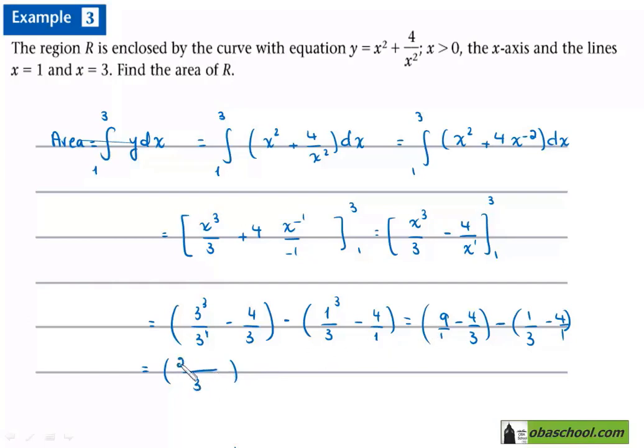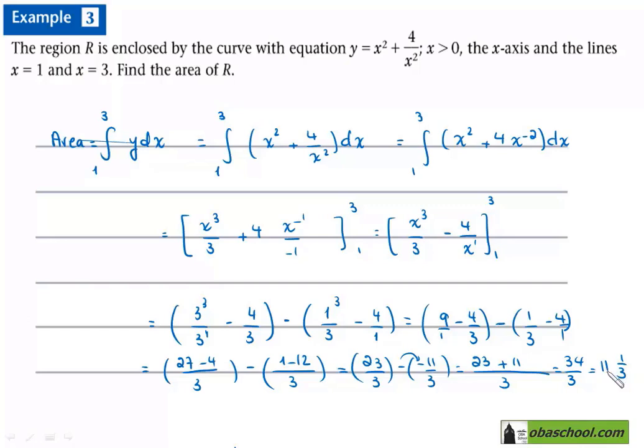We have 27 minus 4, minus, here also the common denominator is 3, 1 minus 12. 27 minus 4 is 23 over 3 minus minus 11 over 3. Both are over 3, so minus times minus 11 is plus 11. So 23 plus 11 over 3, it is 34 over 3 or 11 and 1 over 3.